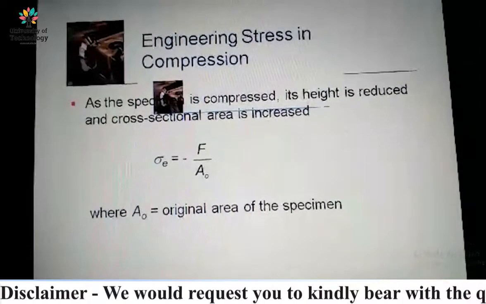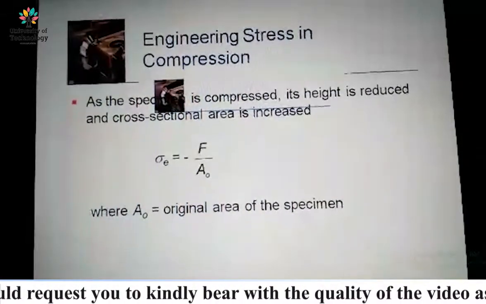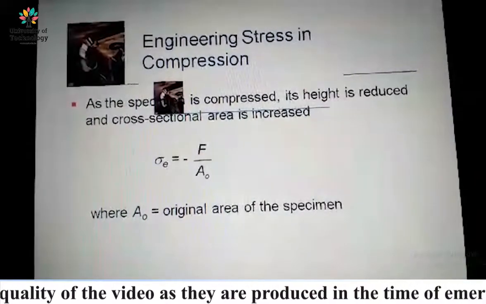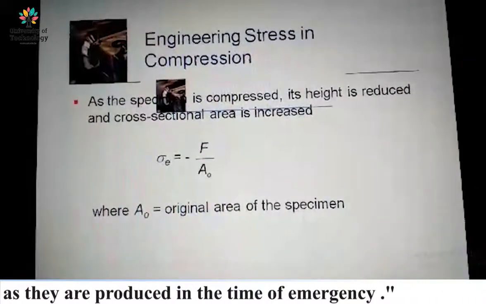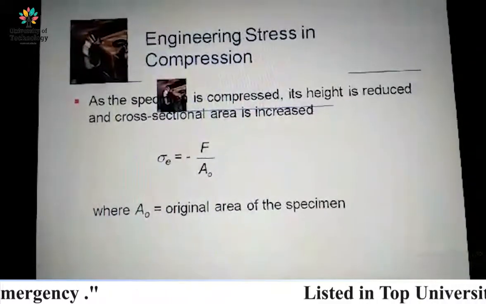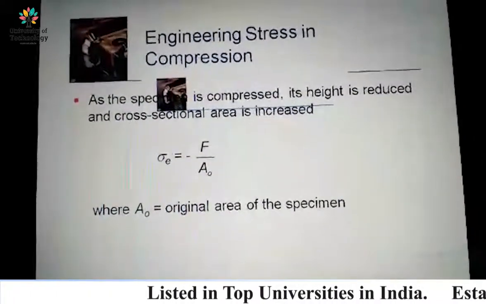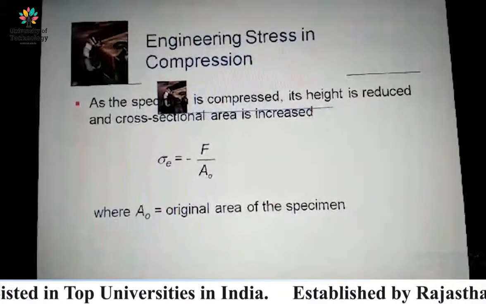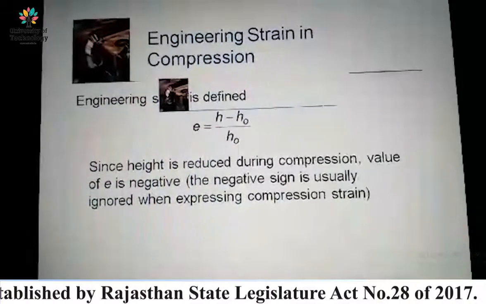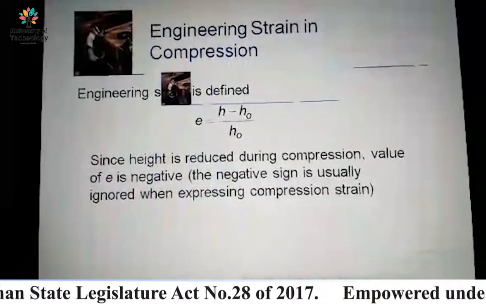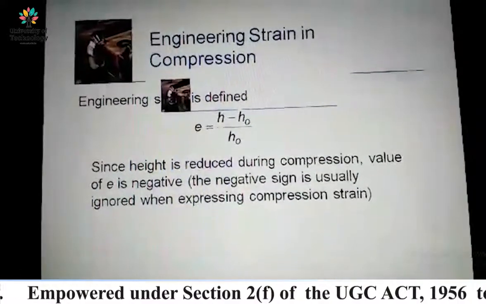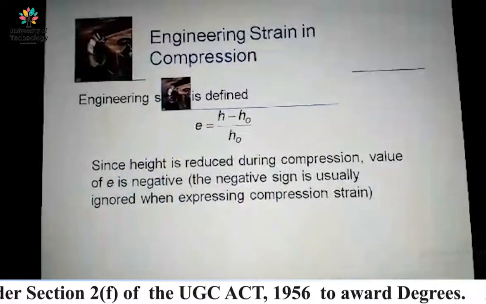This is the engineering stress in compression. Engineering stress for compression strength is defined negatively. The negative sign means that it is the compression strength, and the formula is the same: sigma equals force upon area. And engineering strain is also defined, that is (H minus H naught) upon H naught, since height is reduced during compression.